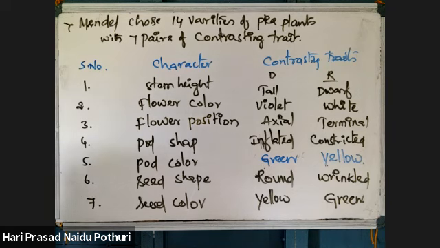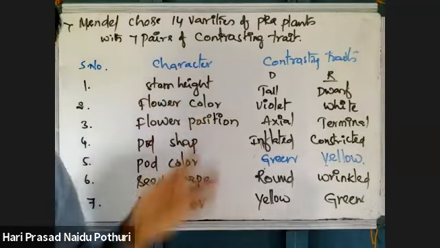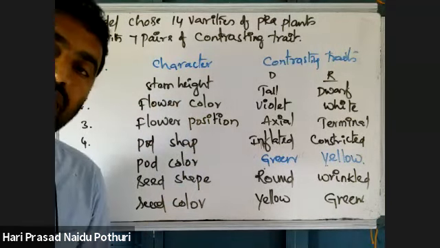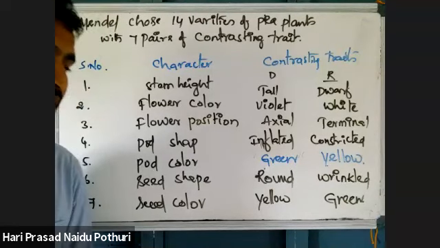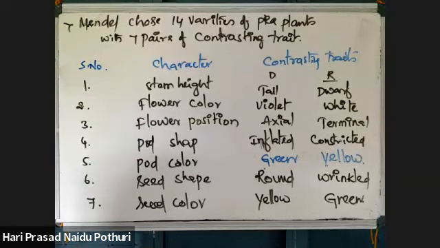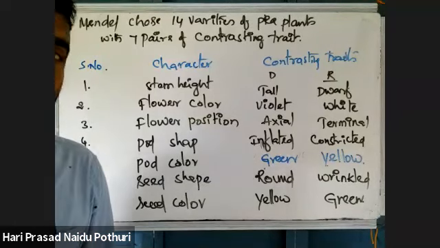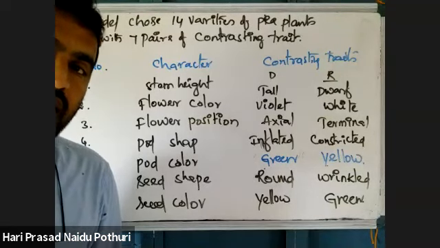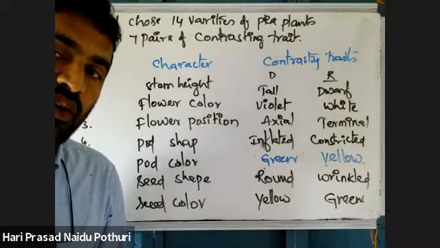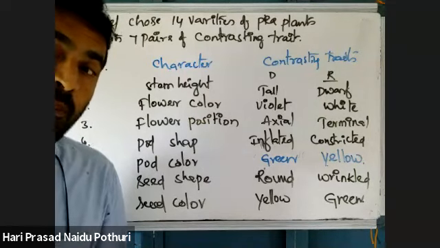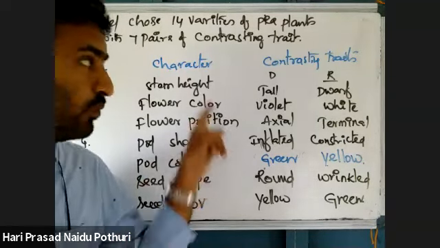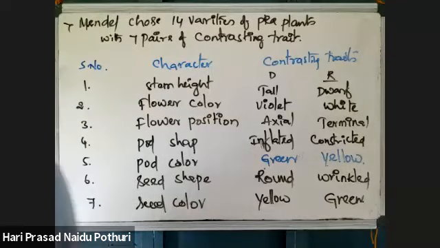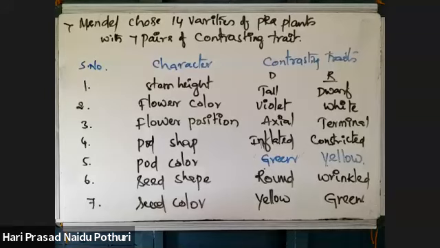He used these varieties and found the pattern of inheritance before the identification of DNA. The nucleic acid material was first identified and given as nuclein, and only then nucleic acids were identified. Before the identification of DNA these experiments were done and he found the pattern of transmission, so Mendel was considered the father of genetics.